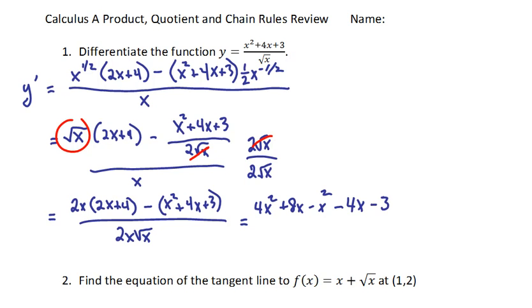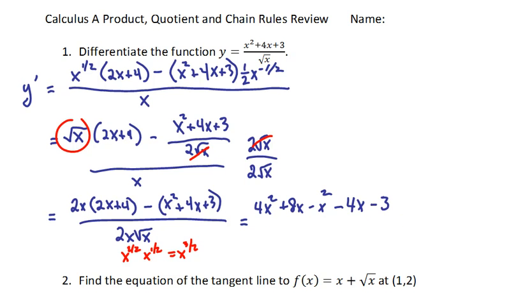Sorry about that. Once again, since square root of x is x to the 1/2, and x can be written as x to the 2/2, then when I multiply two numbers with the same base, I add their exponents. That becomes x to the 3/2. And so my denominator is 2x to the 3/2.